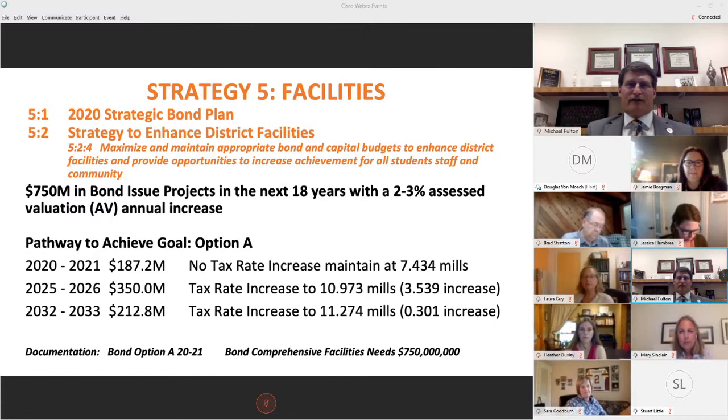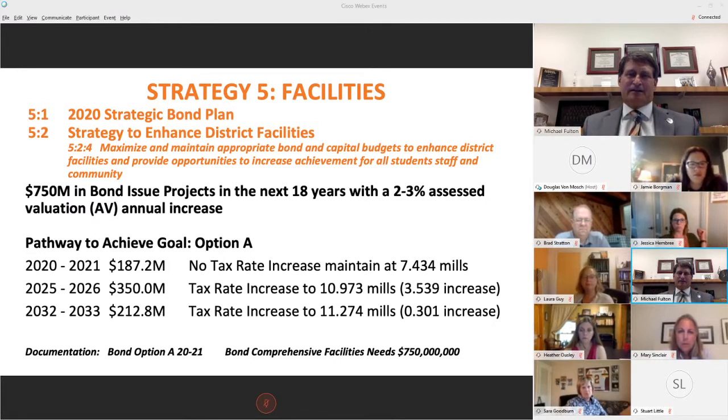So what I've provided for you here and in the attachment is an overview of the bond issue items that we have identified for the next 3 bond issues. Really, we've identified $750 million of facility needs over the next 2 decades.